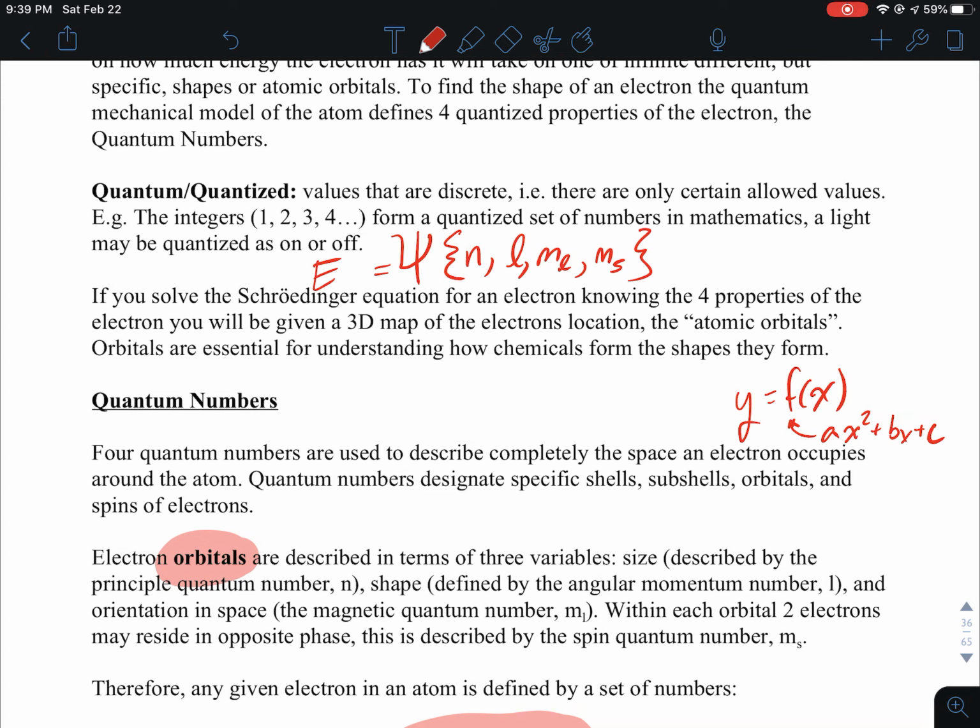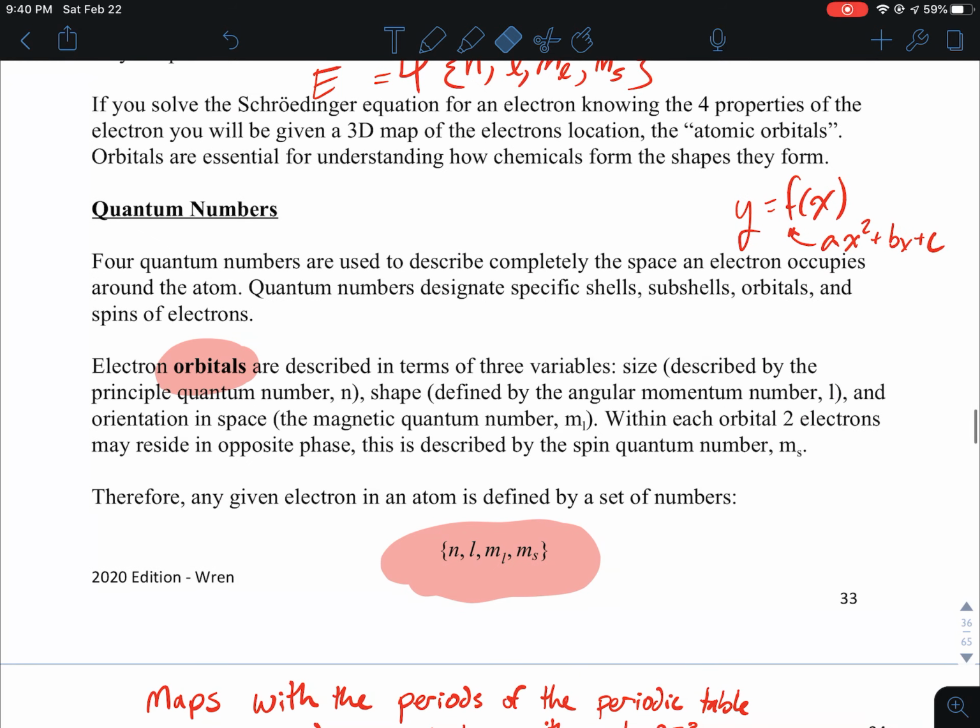Or it could be something crazy, which is the case with the wave function. But it's a generic function that when you give it these 4 values, you get an energy. And if you take the square of it, you'll get an orbital shape. So this gives us the shape, this orbital. Anyways, I don't want to get into that.